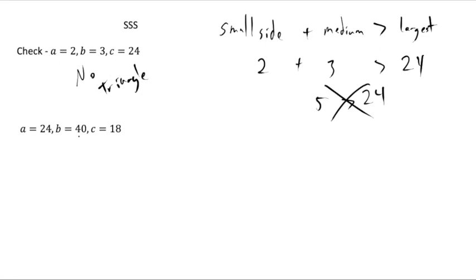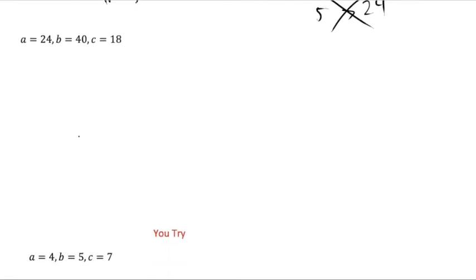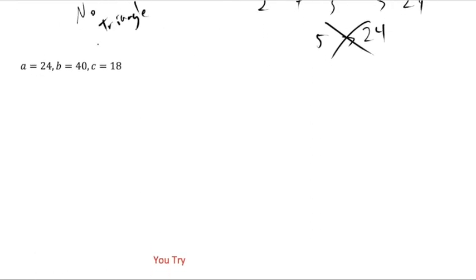So in this example, let's quickly check whether this would form a triangle. We have 24 plus 18, and we want to see if that is greater than 40. We get 42, which is greater than 40. So this would form a triangle.